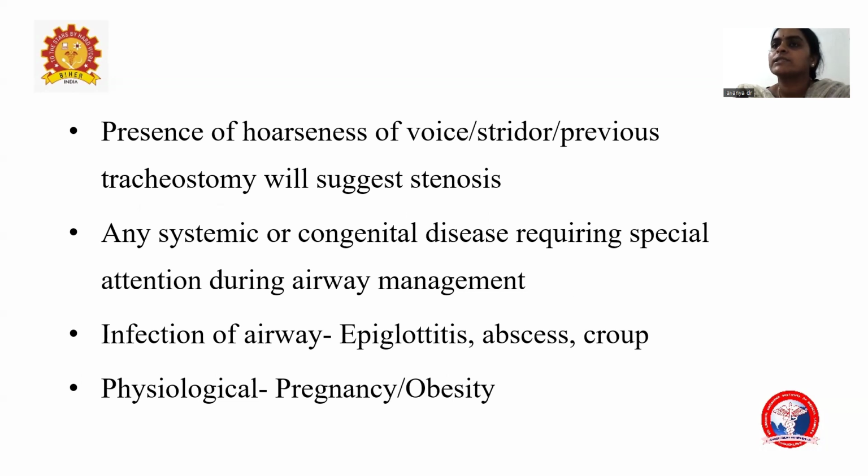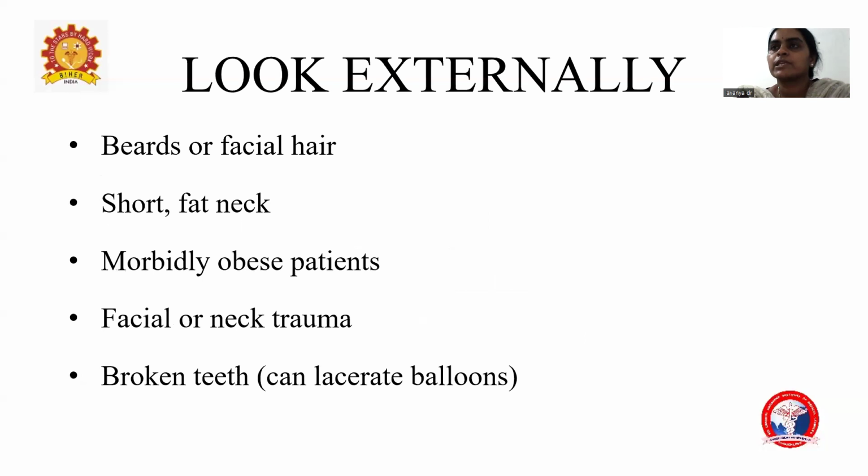Presence of any body scar or previous tracheostomy will suggest a difficult airway. Any systemic or congenital disease requiring special attention during airway management. Infections of the airway like epiglottitis or abscess may also lead to difficulty, and certain physiological conditions like pregnancy or obesity may lead to difficult airway.